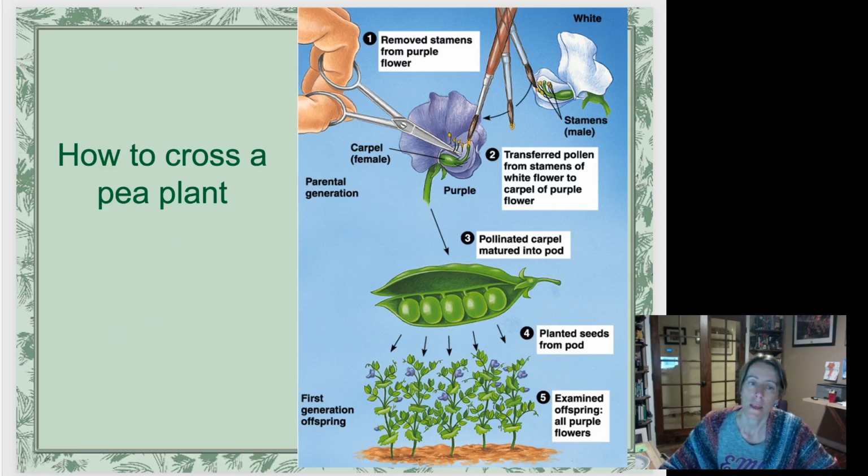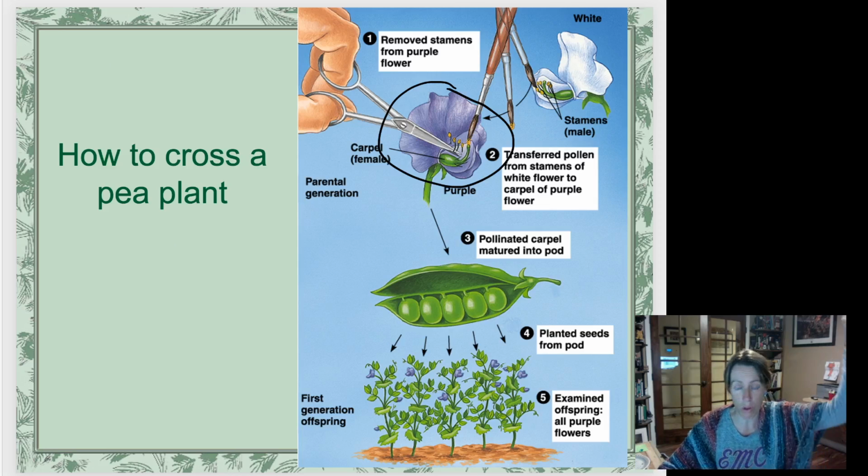He basically took what we would call today true breeding pea plants. When we say true breeding, what I mean is that he had traced the ancestry of these pea plants and all their offspring for multiple generations. For example, this one here always had purple flowered parents, and there were always purple flowered baby pea plants produced.